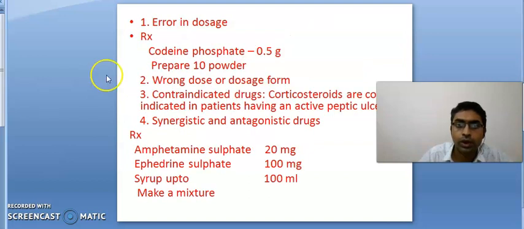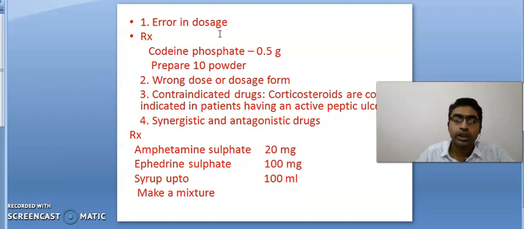So first of all, what is error in doses? The most serious type of error in doses is prescribing an overdose of a medication.